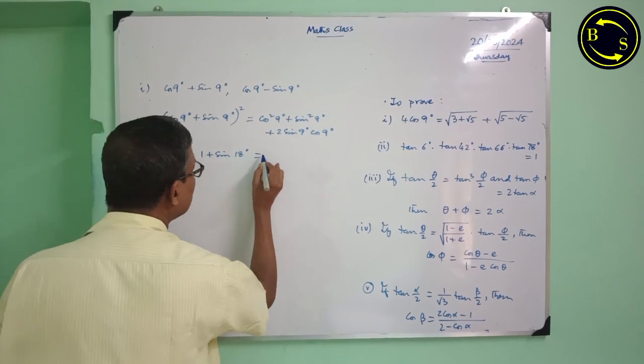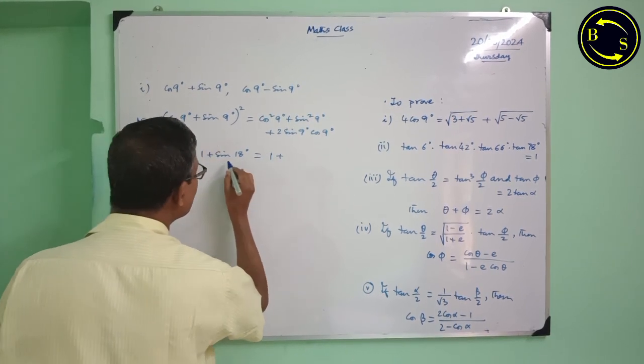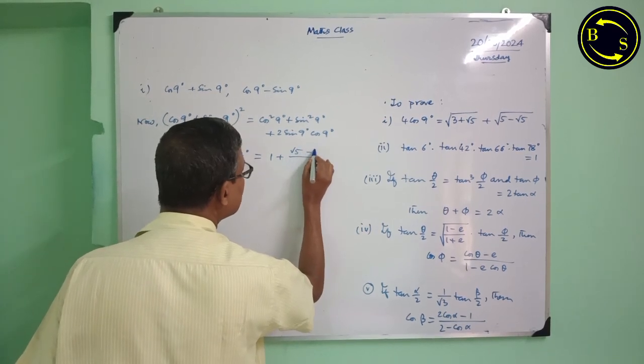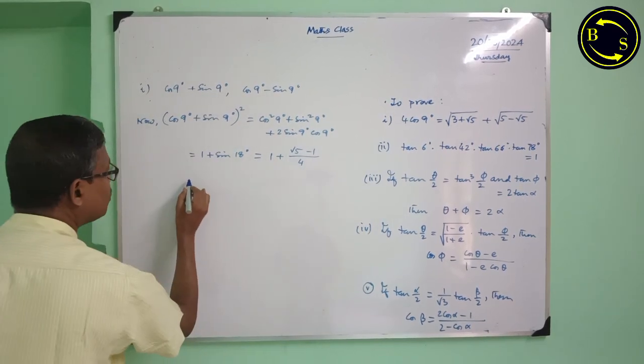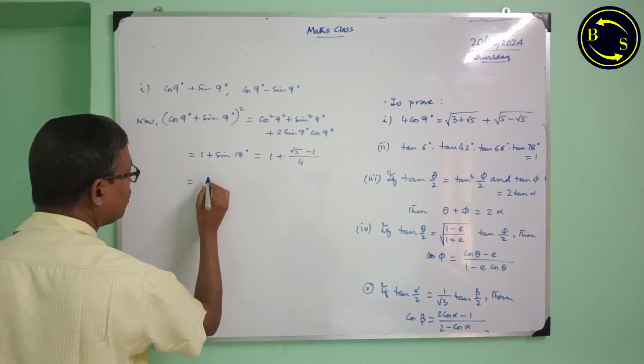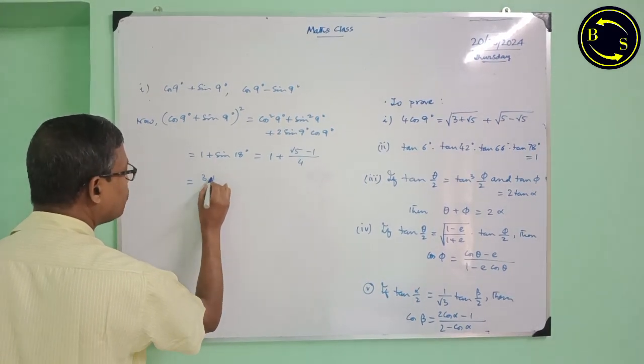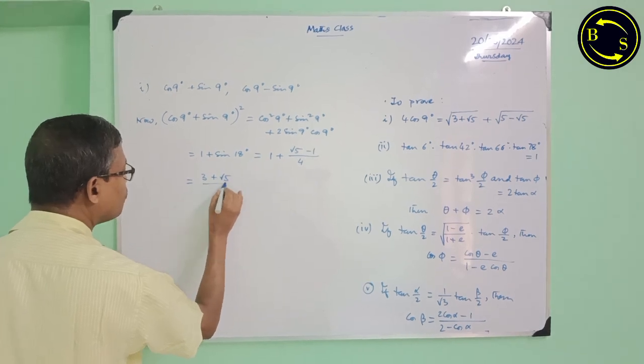Now 1 plus, putting the value of sin 18 degree, root 5 minus 1 by 4, that is equal to 4 minus 1, that will be 3 plus root 5 by 4.